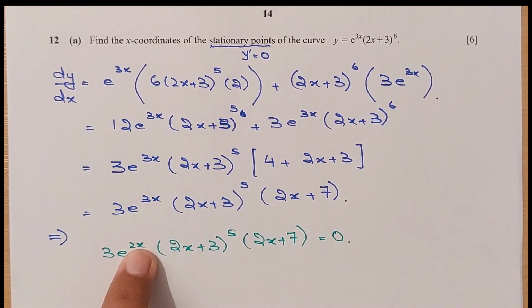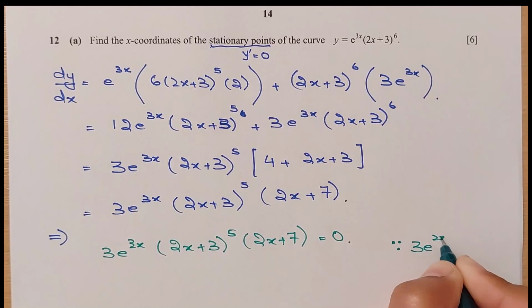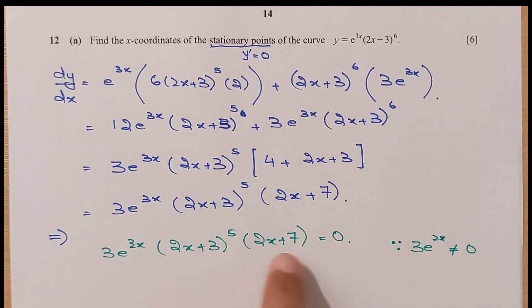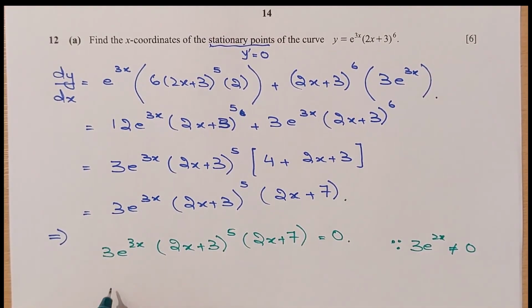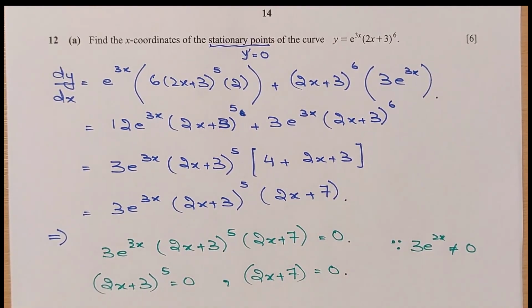So 3 e power 3x is not equal to 0. It means these two factors are separately equal to 0. So (2x plus 3) power 5 equals 0, and (2x plus 7) power 1 equals 0, right?